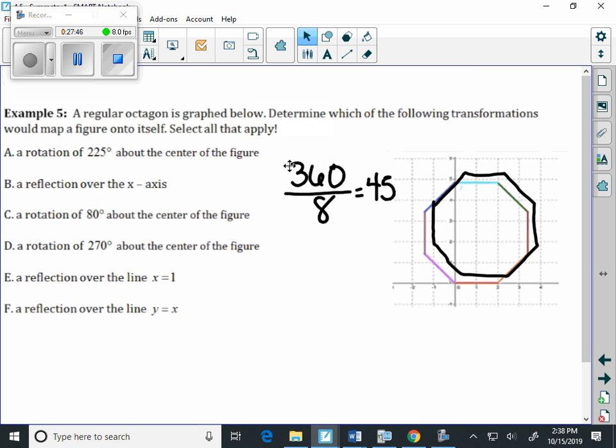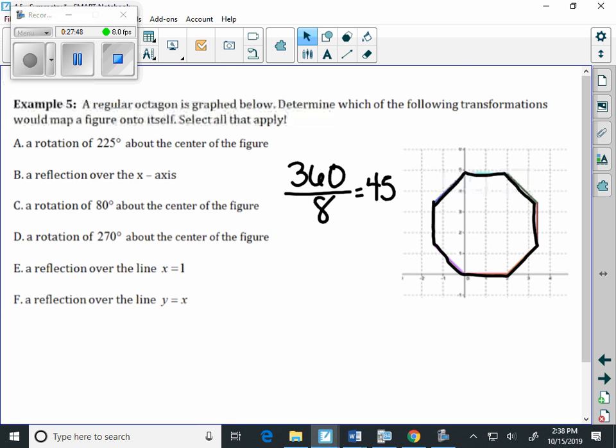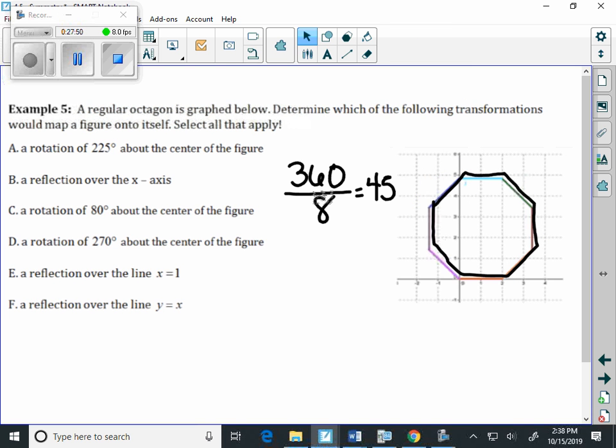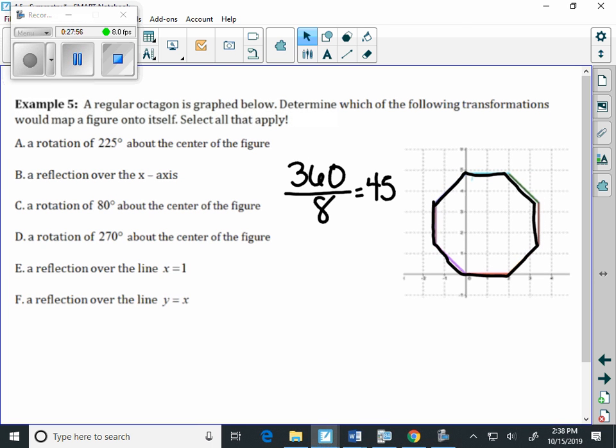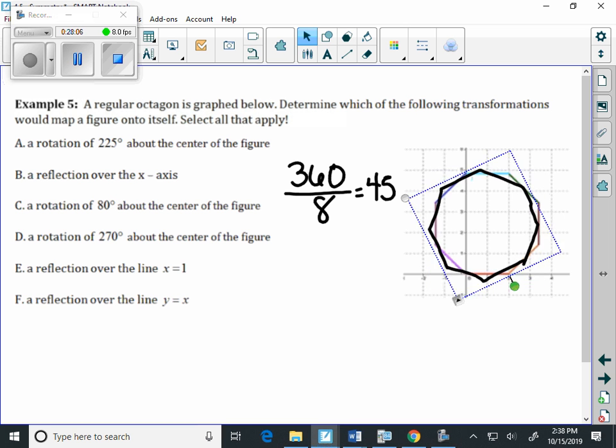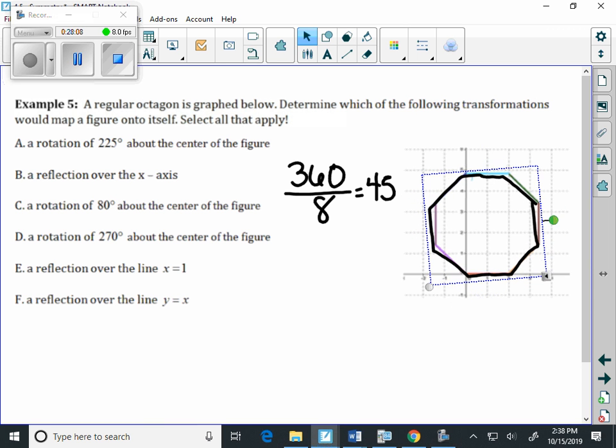Then we, oh, not happening here. Try again. One more. And we went 45 again. We went another 45. Another 45. And so forth, as we complete a full rotation here.